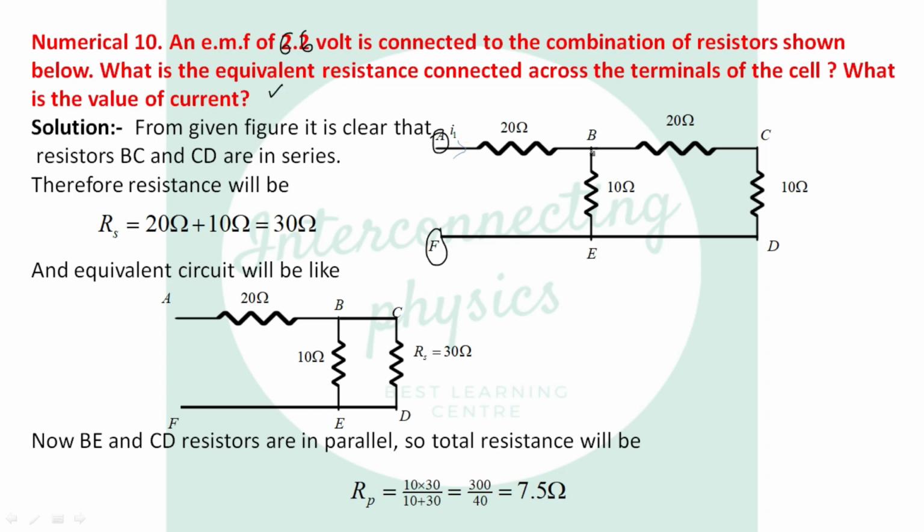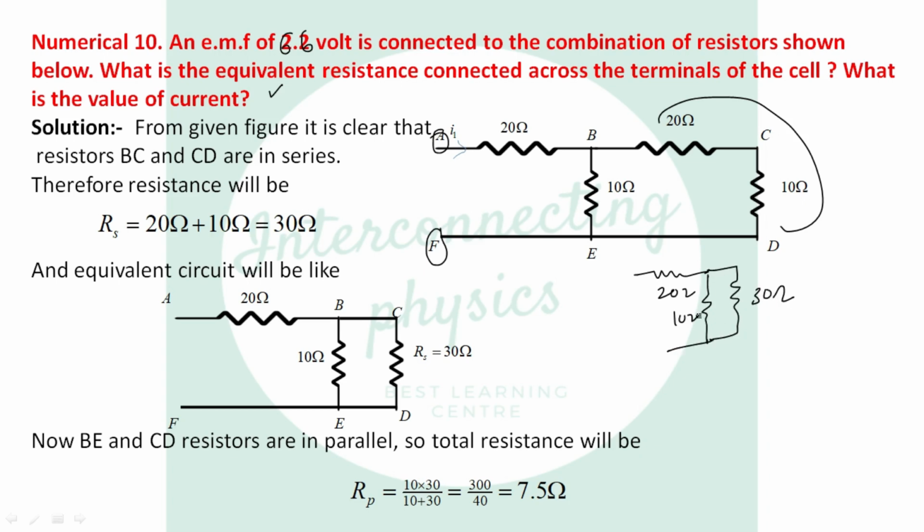Now you see this 20 ohm and 10 ohm are in series, B, C, D, because this forms a chain. So the answer will be 20 plus 10, that is 30.